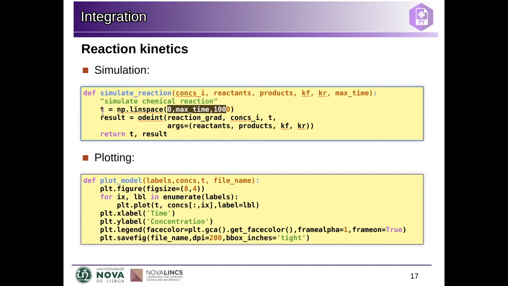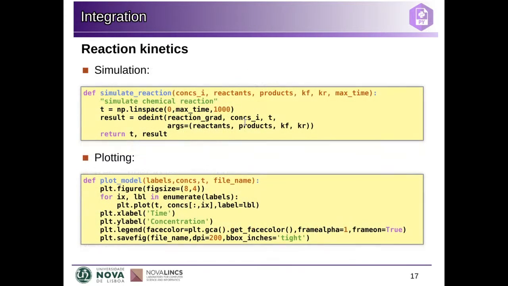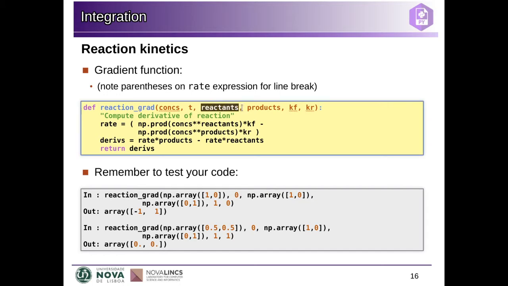And now the result is the integration of this equation. So we're going to use the reaction gradient function we wrote here. We're going to give it these arguments, reactants, products, Kf and Kr, because these are the additional arguments the function needs.